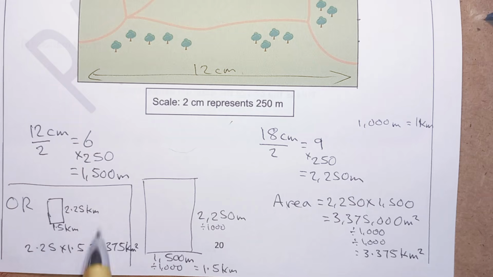So normally I'd do it this way. I did it the other way first, just to show it doesn't matter which way you do it. The reason I prefer this method is because otherwise, if you go from metres, you need to divide by 1,000 twice because you're doing one for each dimension. So this can get quite messy and complicated. So if you remember, turn it into the units that you want first and then multiply them together.